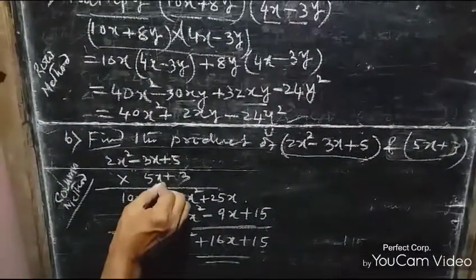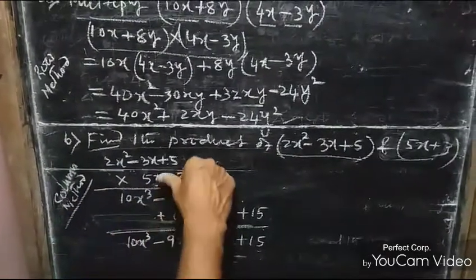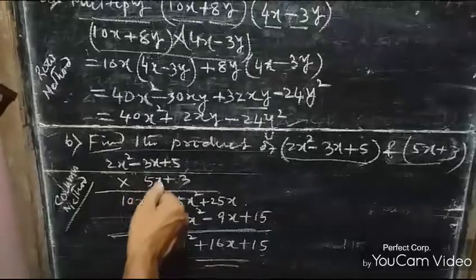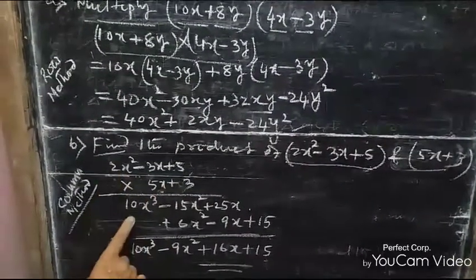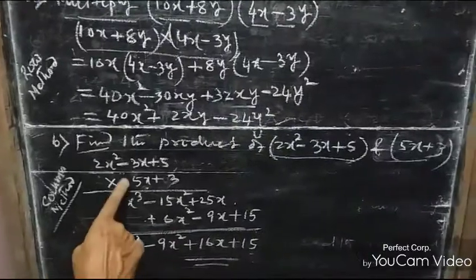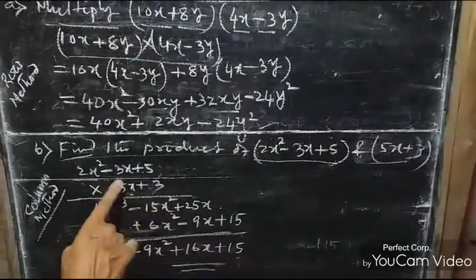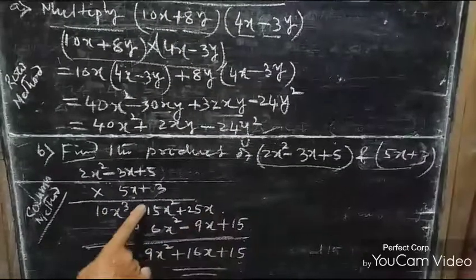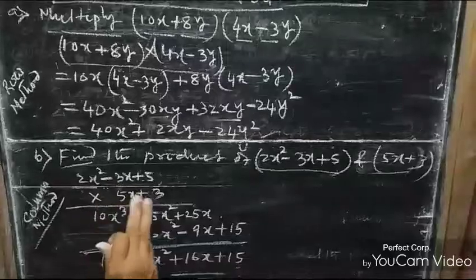See, 5x with the first term: we are multiplying the whole expression by 5x. 5x into 2x square means 10x cube, minus 15x square, plus 25x. This is the second term, plus 3.